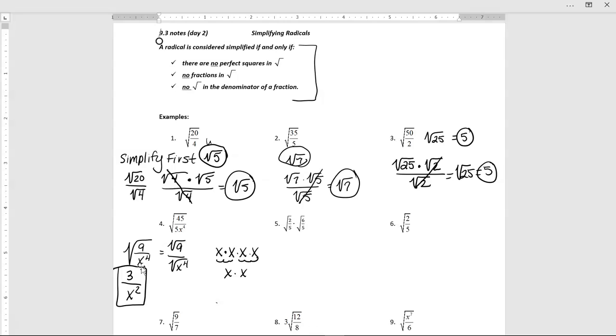Okay, so this next one, we have the square root of 2/5 over the square root of 6/5. Because those denominators are alike, I'm just going to multiply across. So I have the square root of 12 over 25. If we break this down, it's the square root of 12 over the square root of 25.